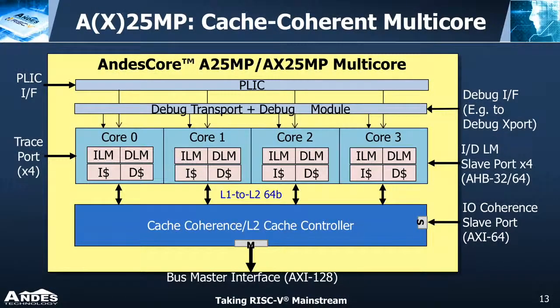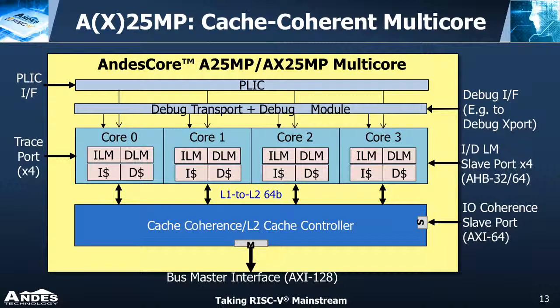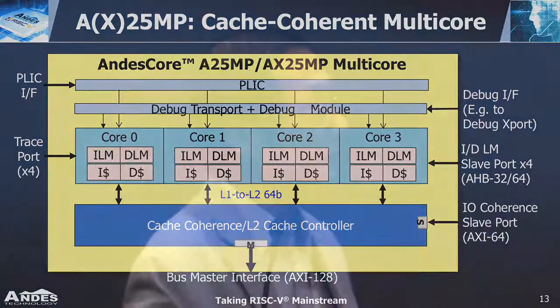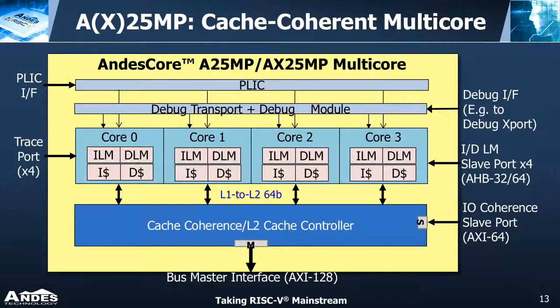So for this optional level 2 cache controller, the features are like it has up to 2 megabytes, 32-byte line, and a 16-way pseudo random replacement and write-back mode. The error correction is ECC error protection. The mechanism is SECDED. It also features prefetching with a load store, because sometimes there could be a cache miss.